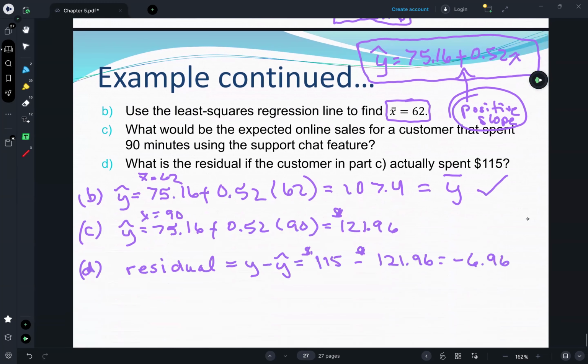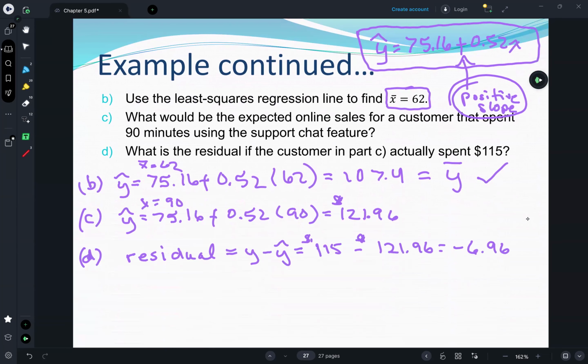And so part B says use the least squares regression line to find Y bar. X bar is our average minutes, 62. We sub that into the equation. So Y hat equals 75.16 plus 0.52 times 62, and we get 107.4, which is equal to our Y bar.